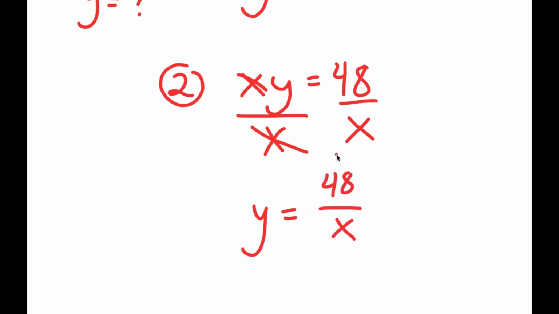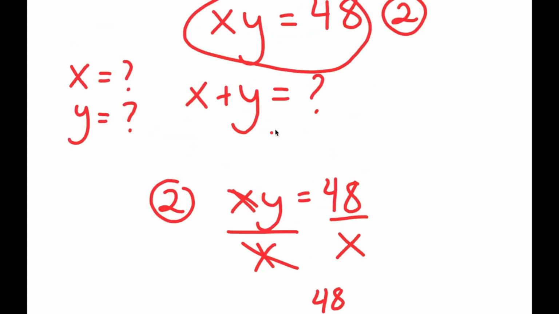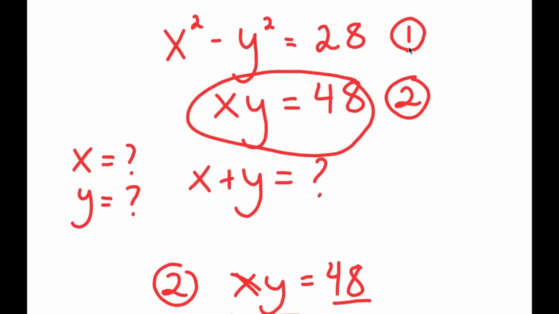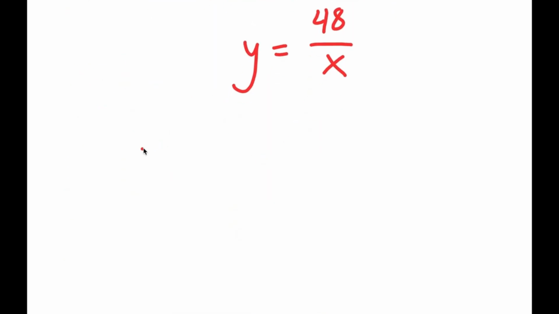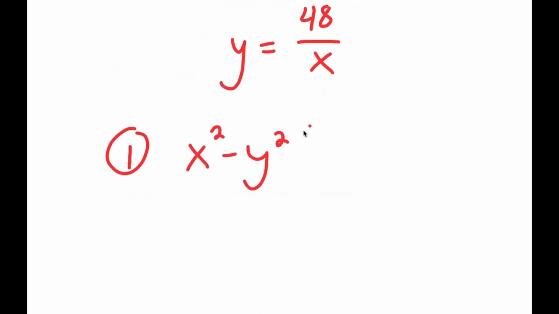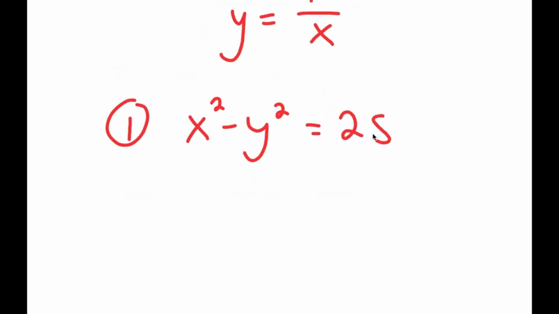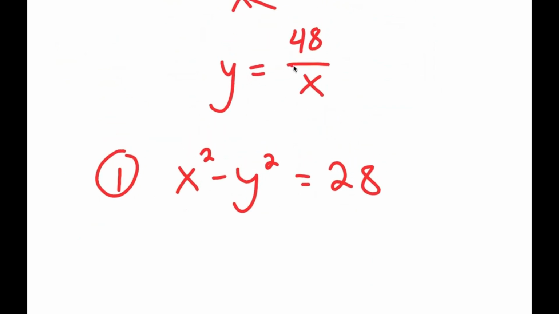Now, using this equation, I can plug this back into equation 1. Equation 1 is x squared minus y squared is equal to 28. Now here we got y is equal to 48 over x.